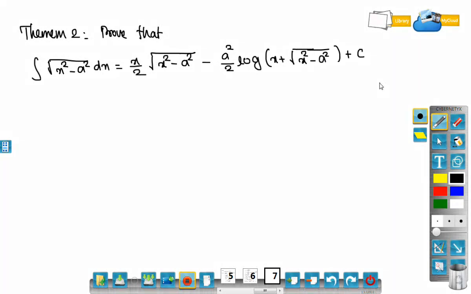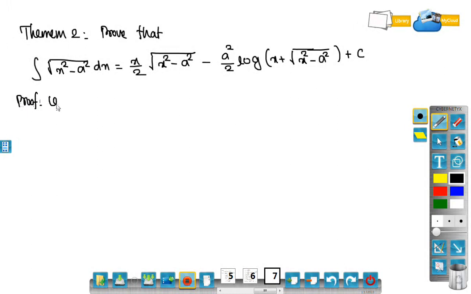I'll follow the same steps here. First of all, let I be the integral, and then taking 1 as a second function, we will integrate by parts. See the proof.